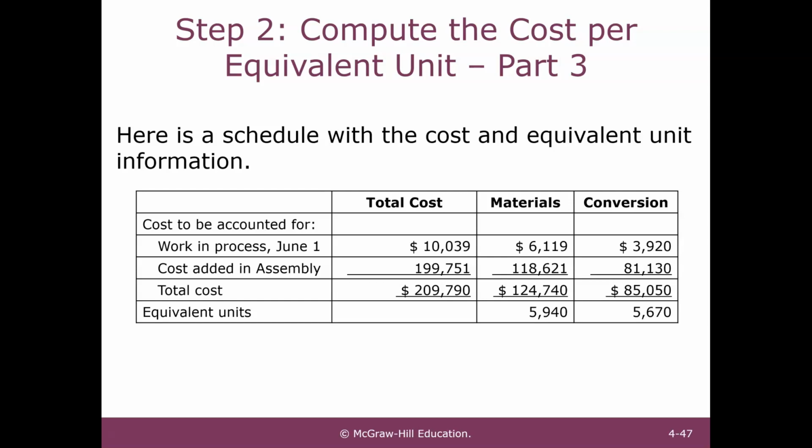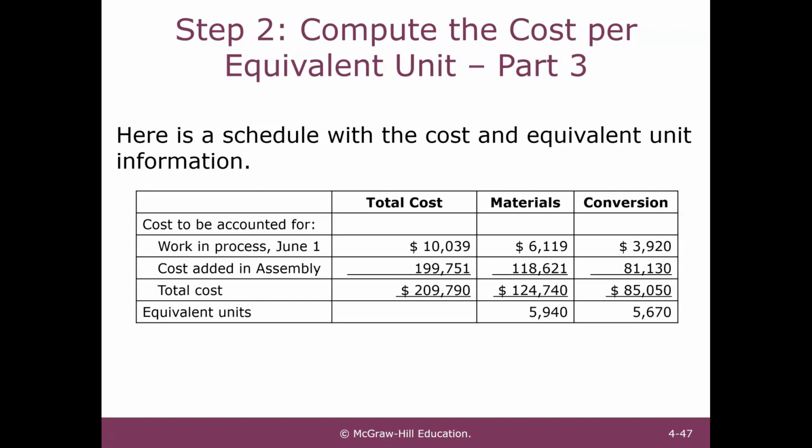Okay, so here we have the costs for the problem we've been working with. You take your work in process inventory for conversion and for materials, add them together for your total cost of $10,039. And then the cost added in assembly, you take the cost for conversion and for materials and you get a total.